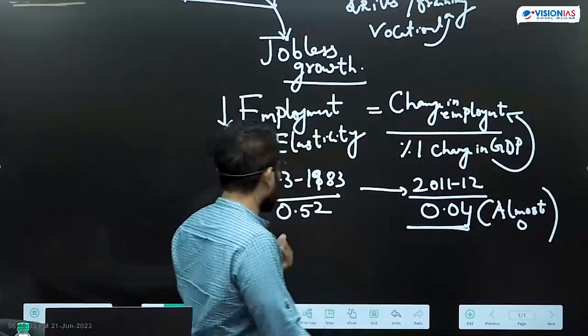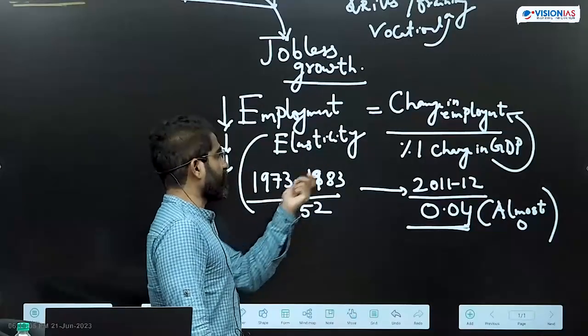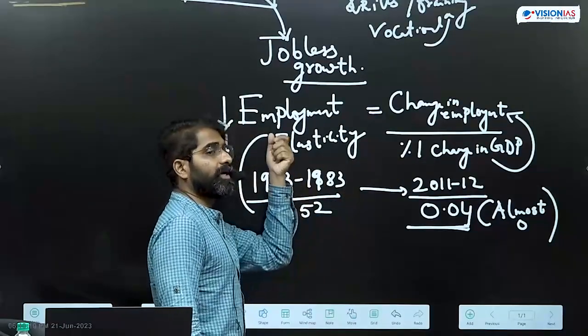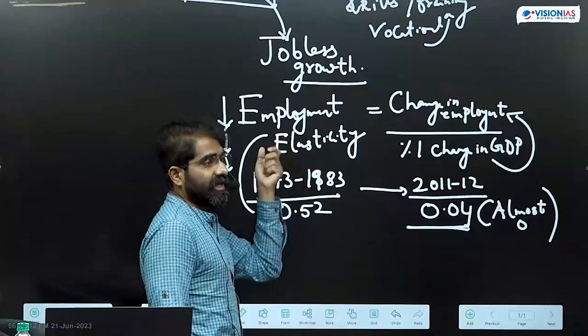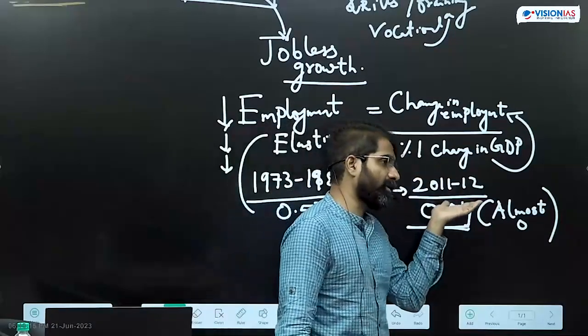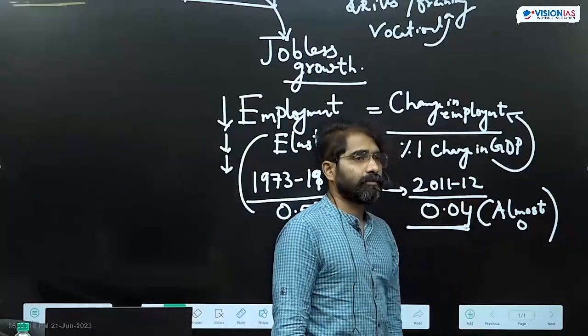This shows that with a change in GDP, for every 1% change in GDP, more jobs were getting created in the 70s and 80s in comparison to 2011-12 or today. Are you able to get this?